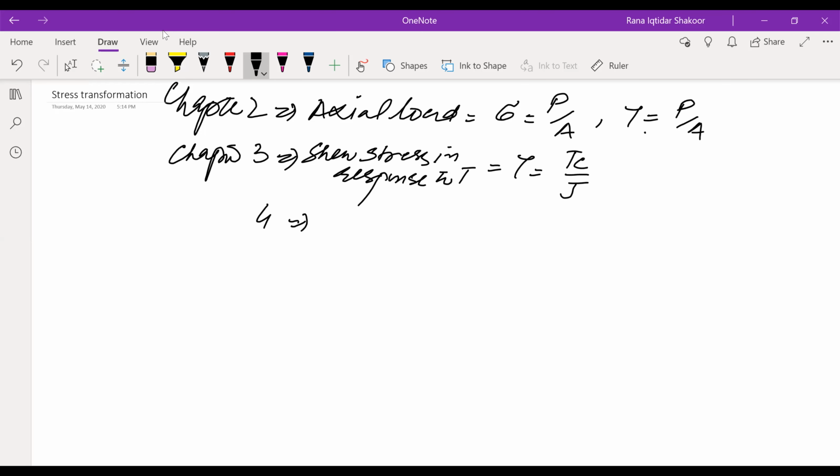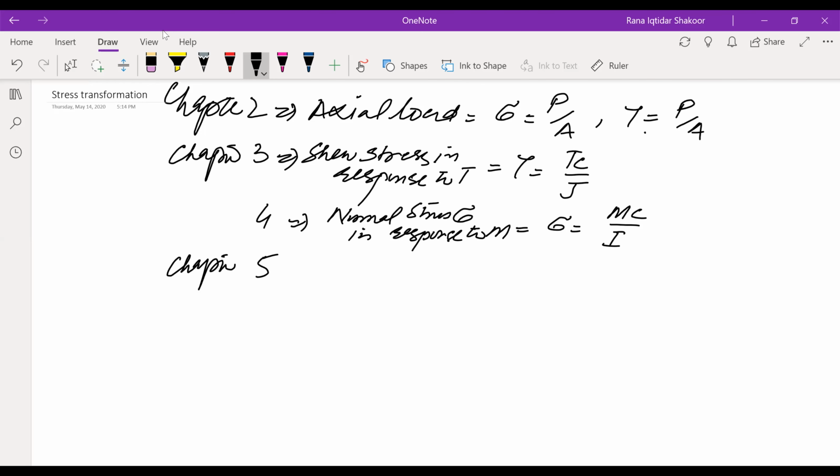Likewise, in chapter 4, we saw normal stress sigma in response to moment, and it creates Mc over I. Not in chapter 5, instead in chapter 6, we saw shear force that created tau, in fact this was V, sorry, it was tau equals VQ over It.